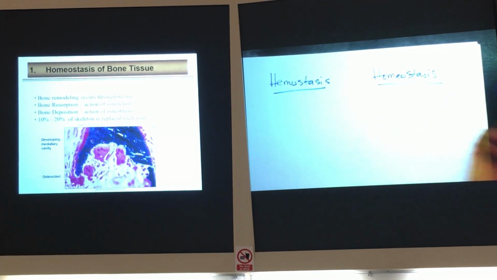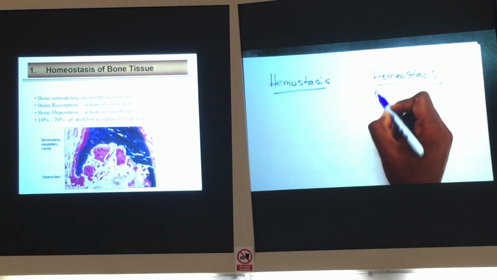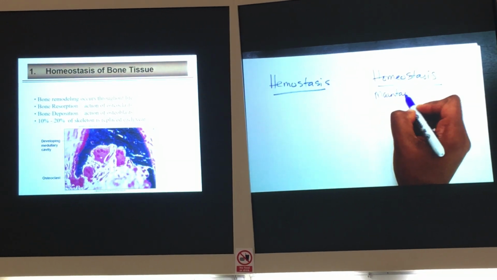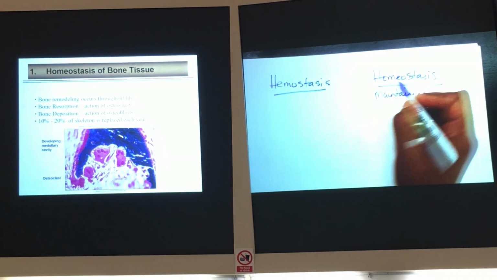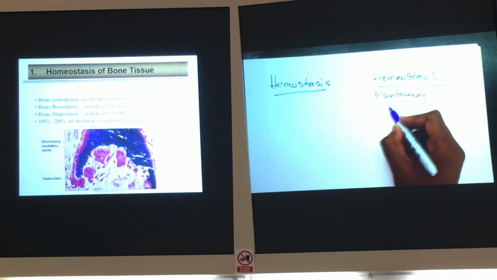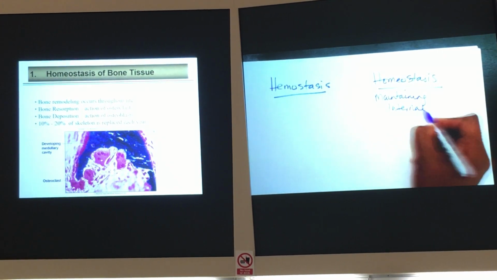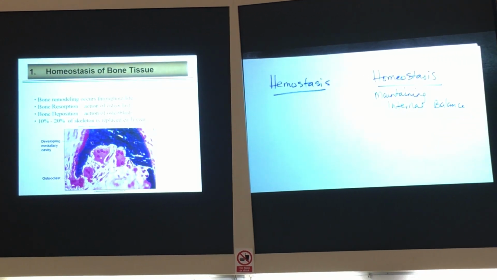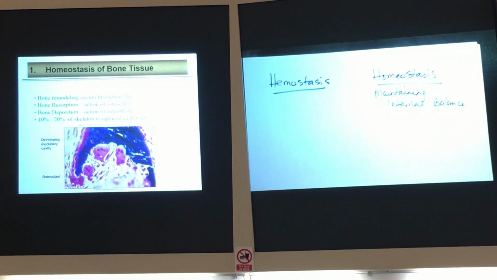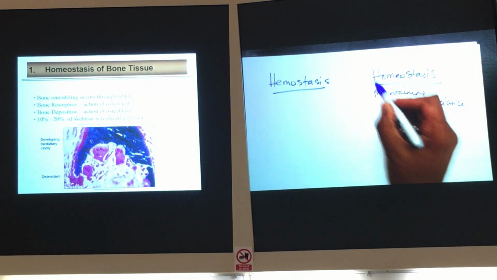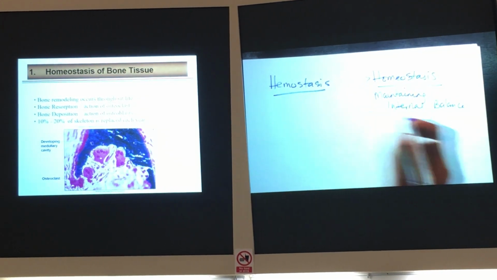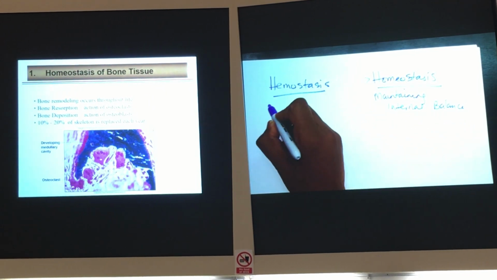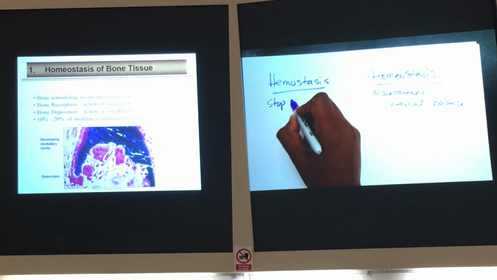What's homeostasis? Maintaining internal balance. For example, keeping your blood pH within a range, keeping your blood sugar within the range. That's homeostasis. What's hemostasis? To stop bleeding.